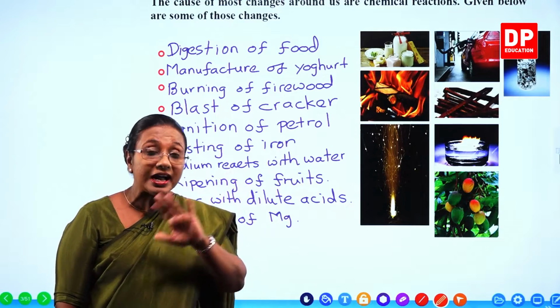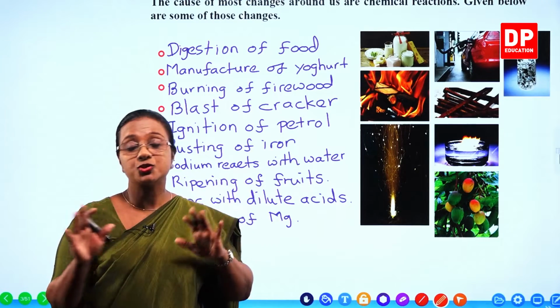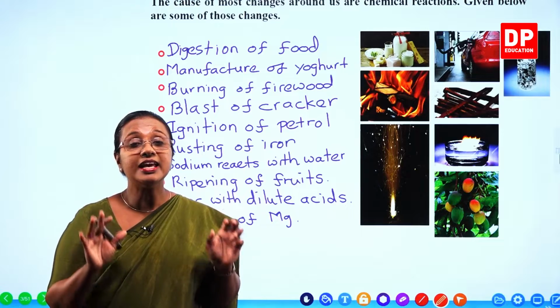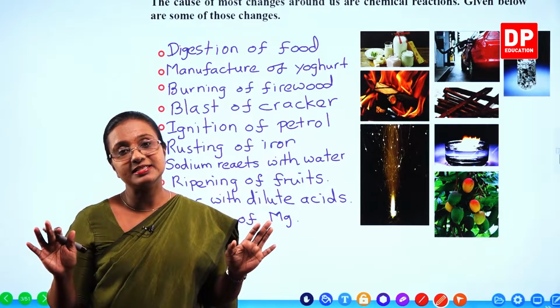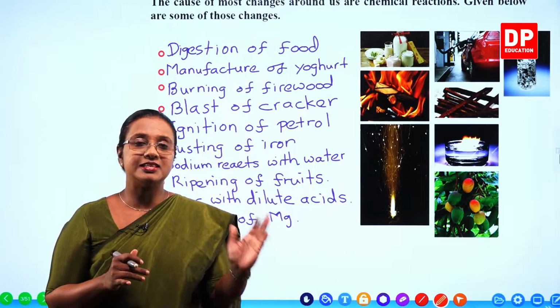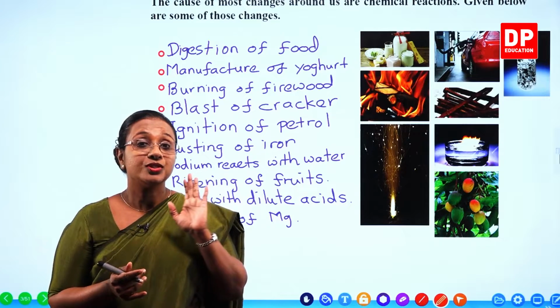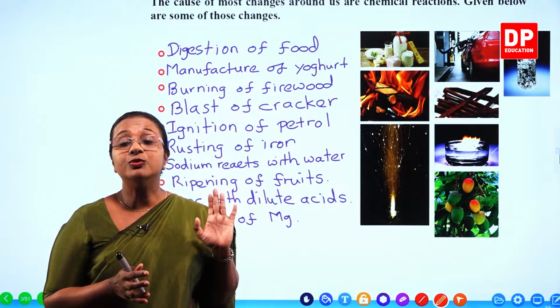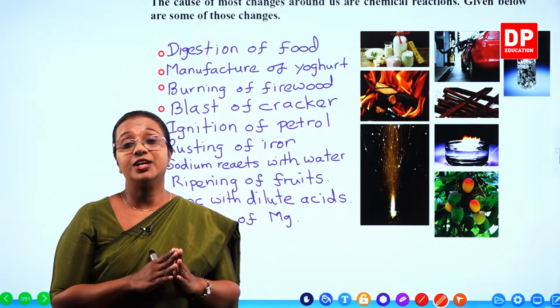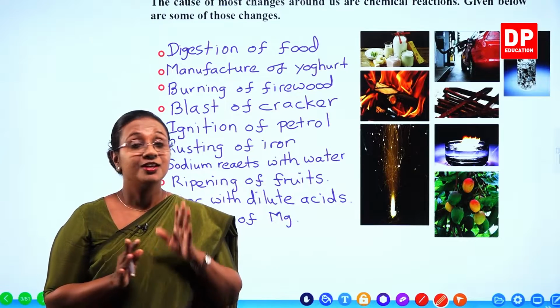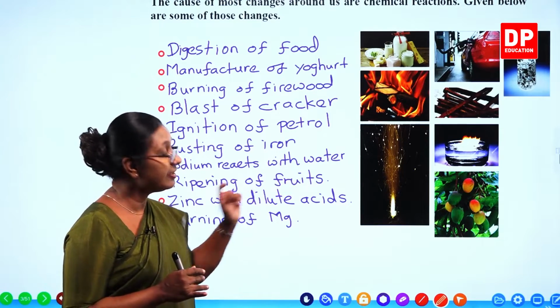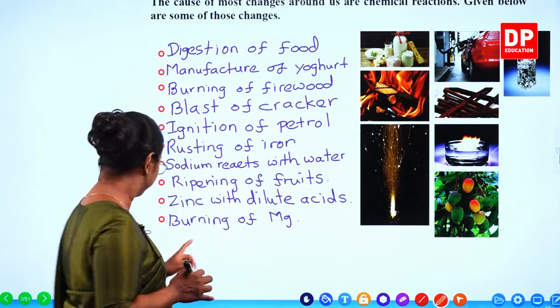You are able to identify whether they are fast or slow, but you can't exactly compare and say this is faster than this, this is slower than this. So that is why we need to consider the rate of reaction. So with that introduction, students, we will move on to the next slide.